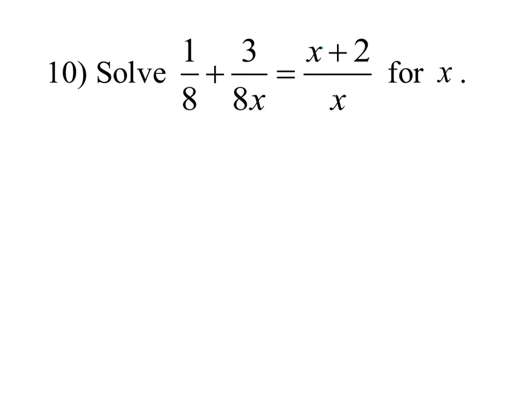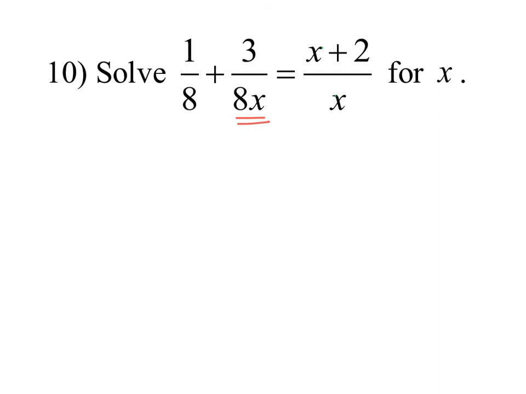All right, so for problem 10, this is a rational equation that we are solving for x. And so the easiest way to do this is to find the greatest common multiple of the denominators. And our greatest common multiple for this denominator is this 8x. So I'm going to use that 8x to help me get rid of all this stuff that's in the denominators.